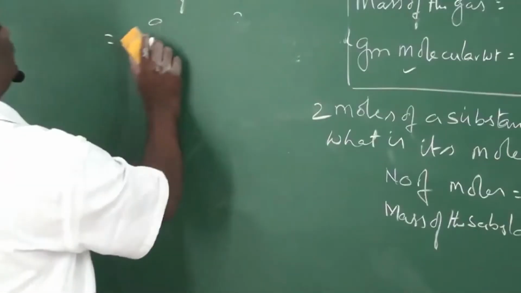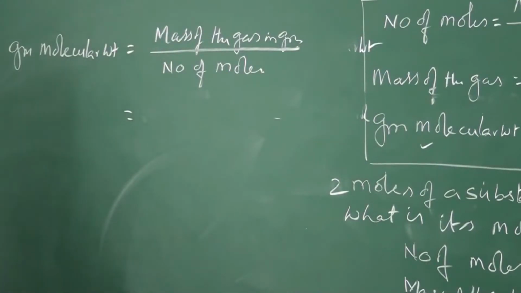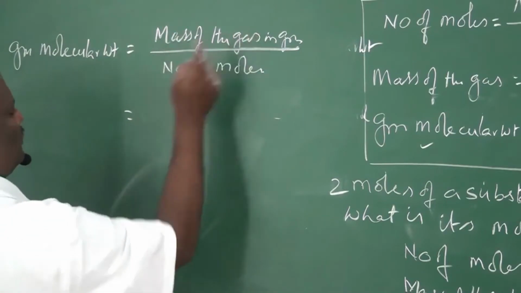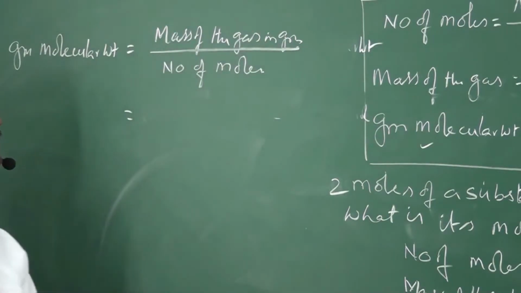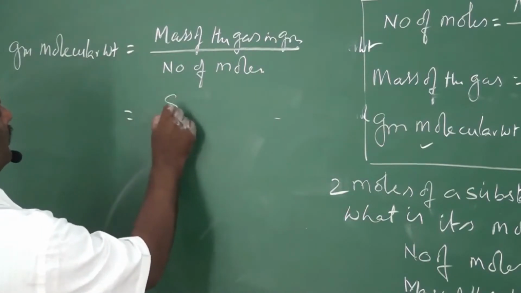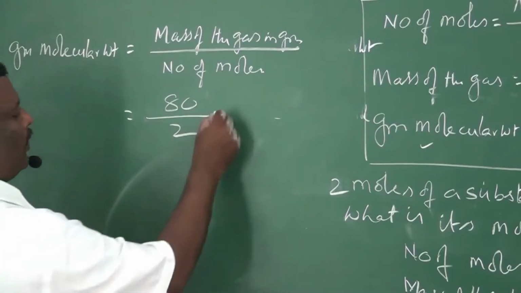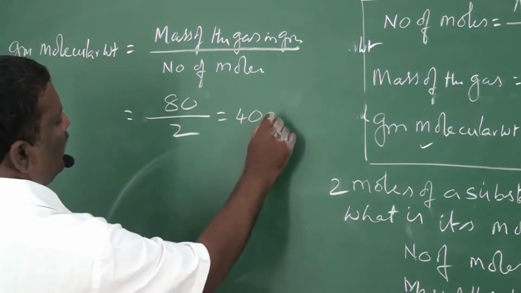Now here, substitute those values in this formula. Gram molecular weight of the substance is mass of the gas in grams, which is 80, divided by number of moles, which is 2. Then gram molecular weight will be 40 grams.